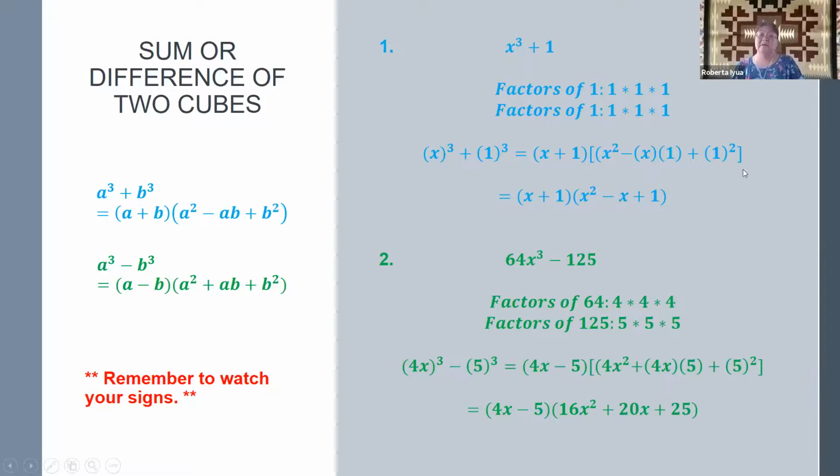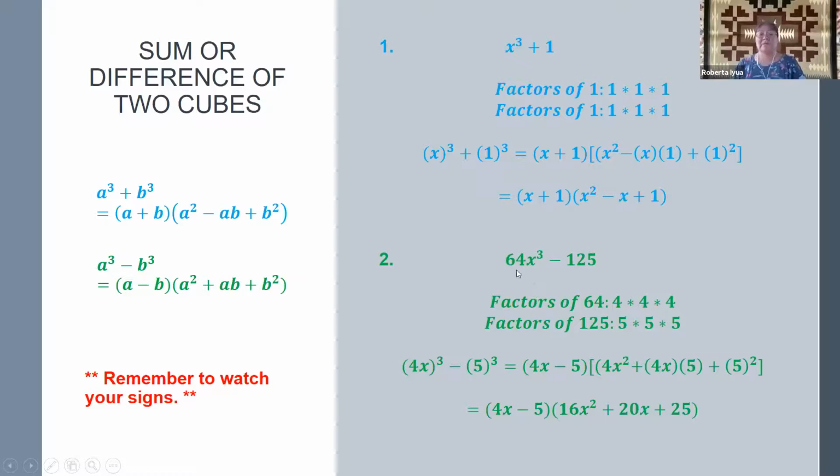I multiplied this out and it came out to be x plus 1 times x squared minus x plus 1. You can check your work by distributing the x plus 1 out to the trinomial.